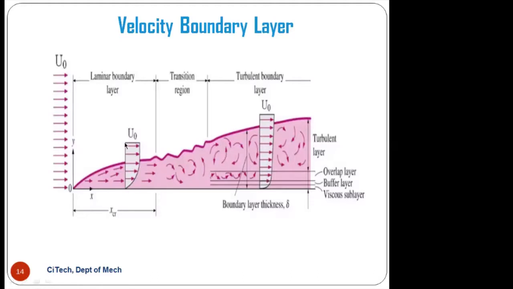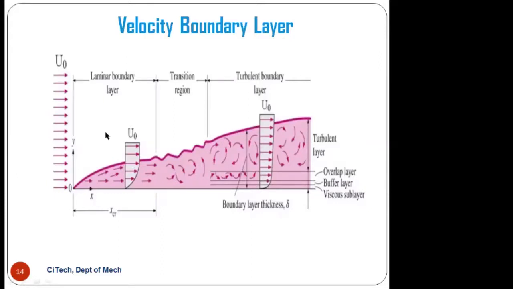Suppose at this point the velocity approaches the mainstream velocity u naught. This distance from the surface of the plate is called the velocity boundary layer.